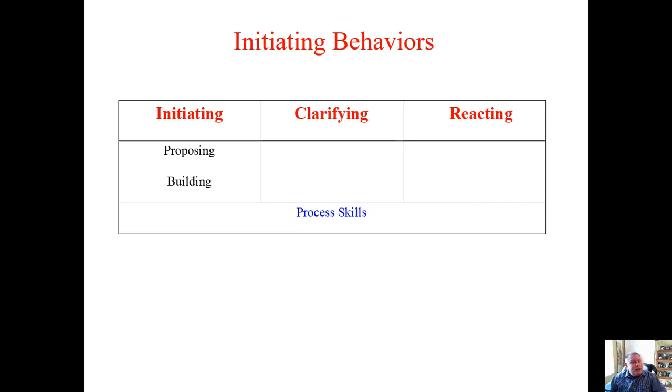Because the greatest obstacle to a great idea is a good idea. We tend to immediately say, oh, that's great. We don't always develop it. So for effective group work, you got to propose something to start, and then build on it. We're going to do a little bit of that as we move forward too. So that's proposing and building.